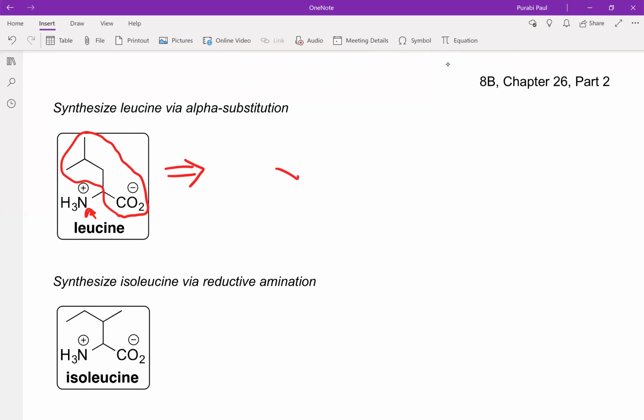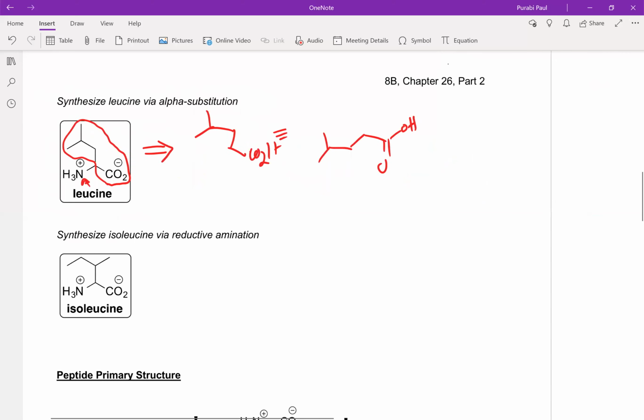If I were to draw it, CO2H, that, or that's the same as this thing.